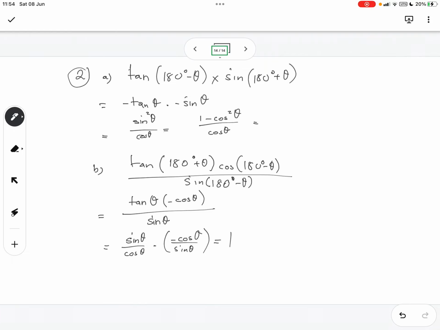This is the same as 1 minus, wait, it's not exactly like, okay, and this becomes 1 over cos minus cos squared theta over cos.